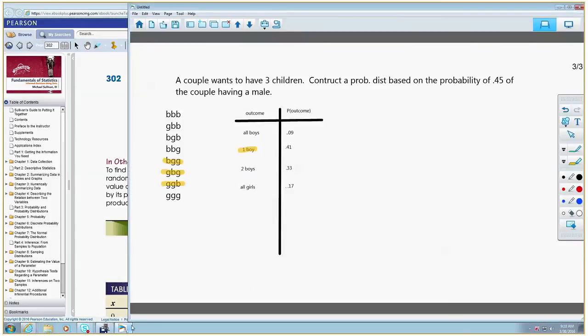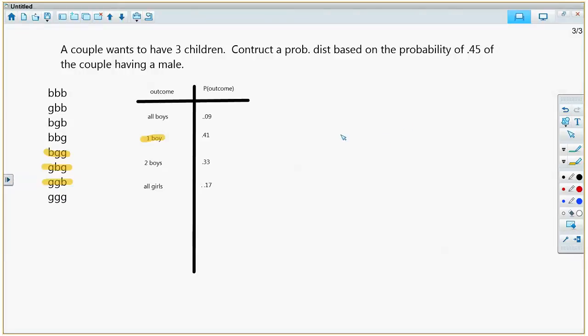Okay. Here's our example. And we're going to find the mean. Okay, all boys is 3. 1 boy is 1. 2 boys is 2. This is 0. So, as far as in terms of boys, we're going to call this 3 boys.